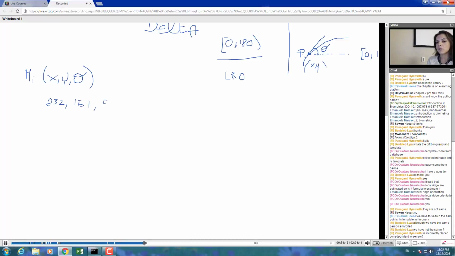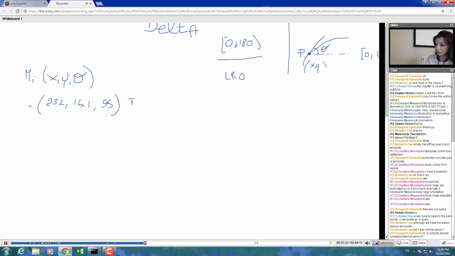So this is the minutia that I store in the template, for example. And when I want to verify my identity, I will never have this minutia placed in the same way as in the template.